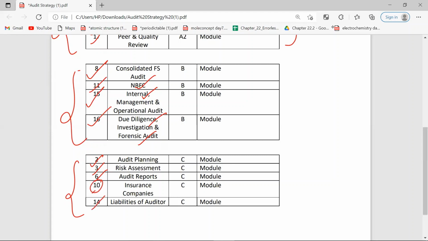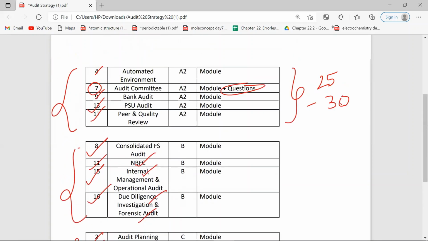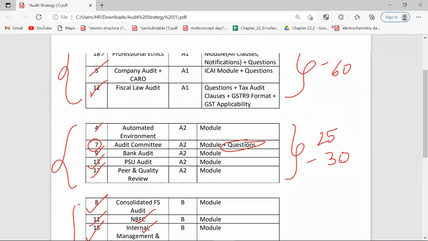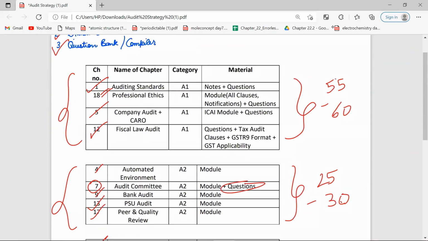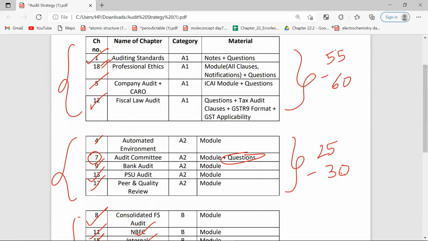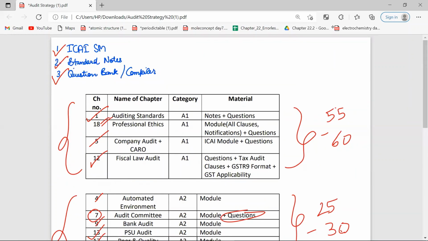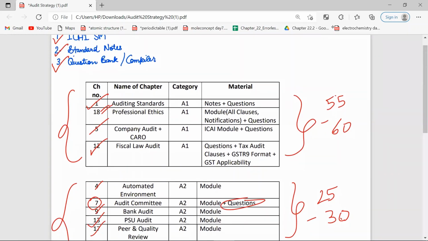This is again a big chapter. Insurance companies has been tested, but again for very few marks. So this is how categorization is important. It is very important to categorize and target those particular chapters which are asked for more marks than others. So yeah, this is how it has to be done.